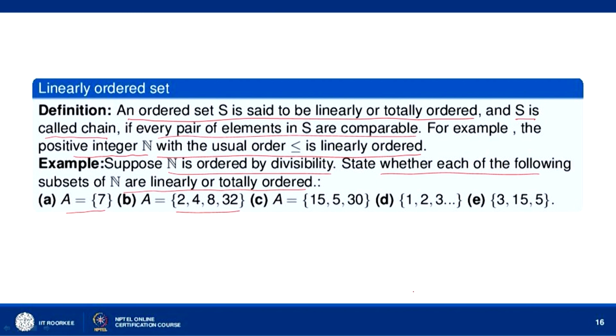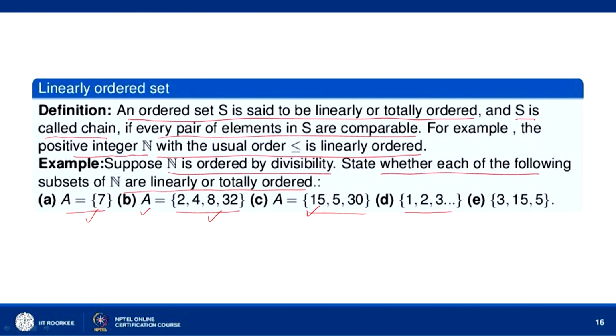So, if you take any pair of elements in A here in part B, then one divides the other. Now, in the case of {5, 15, 30}, again if we take a pair, the pair will be 15 and 5, or 5 and 30, or 15 and 30. There is always the situation that one element divides the other. So, this set and this set and this set are totally ordered or linearly ordered.